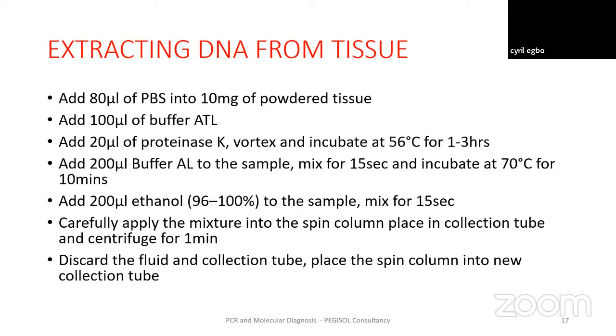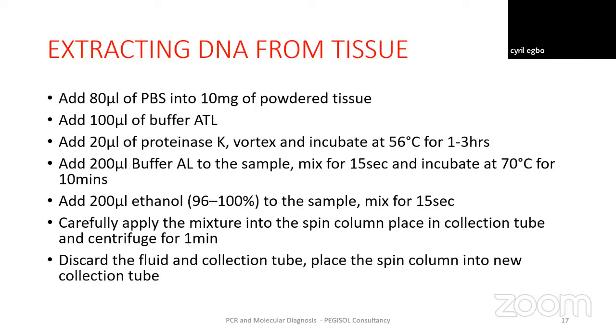Then after which you add your PBS. PBS is phosphate buffered saline. During the time of COVID, this phosphate buffered saline was replaced with VTM. So it's still the same thing, they do the same function.